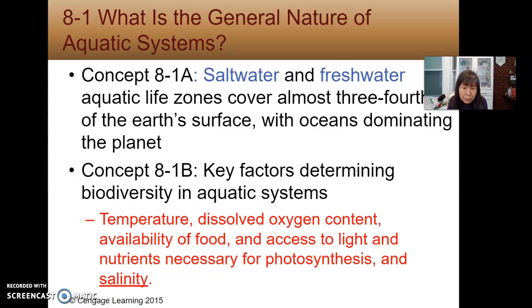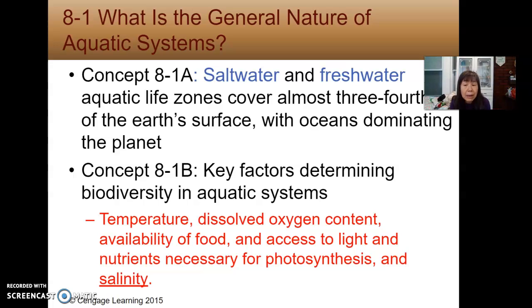The second concept: within those life zones, key factors determine biodiversity in aquatic systems. Not everywhere has the same amount of biodiversity. The biodiversity is determined by temperature, dissolved oxygen in water, availability of food, and access to light and nutrients necessary for photosynthesis.